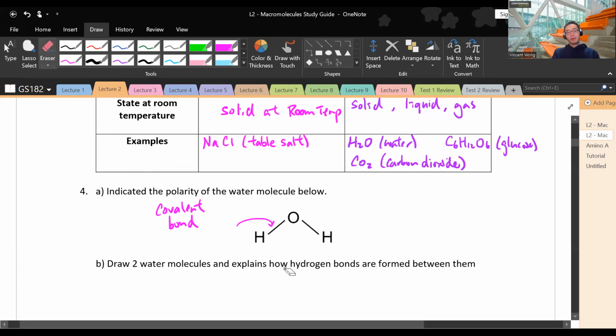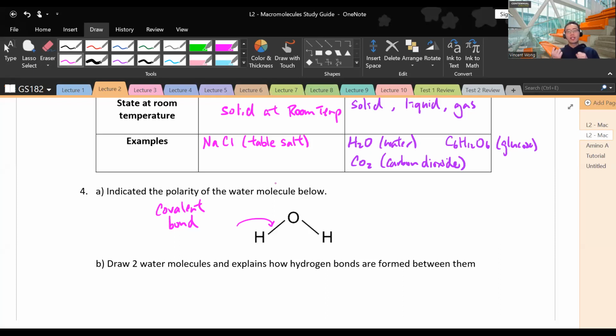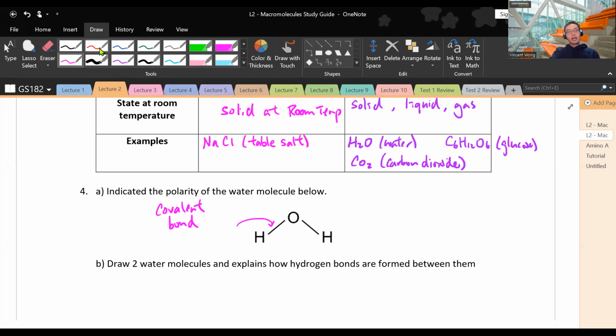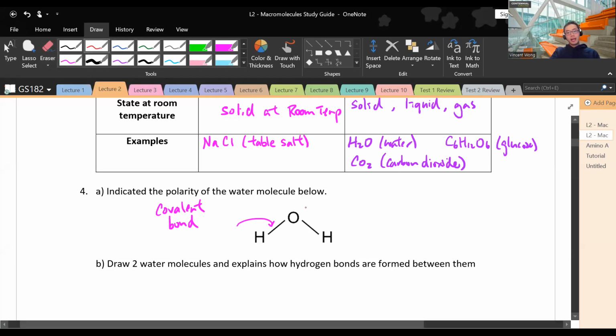Okay, the oxygen actually has a higher attraction for electrons, and so the oxygen will pull the electrons towards itself and kind of hang on to it more than the hydrogen would. So because of that attraction of the electron, it will cause the oxygen to become slightly negative.